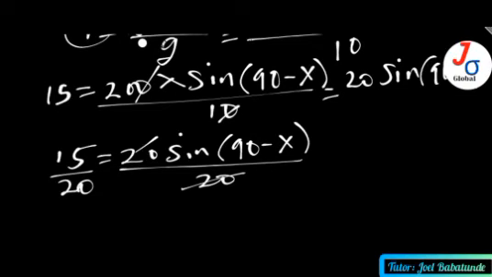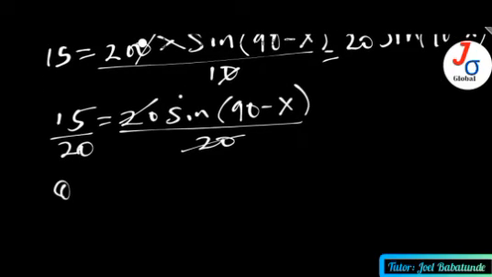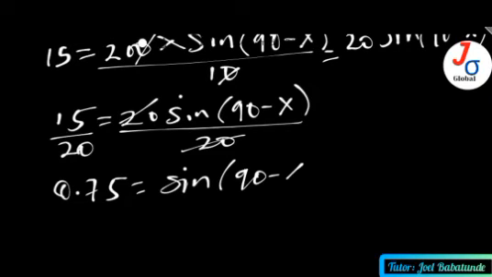So 15 divided by 20 is 0.75, which equals sine of 90 minus x degrees.